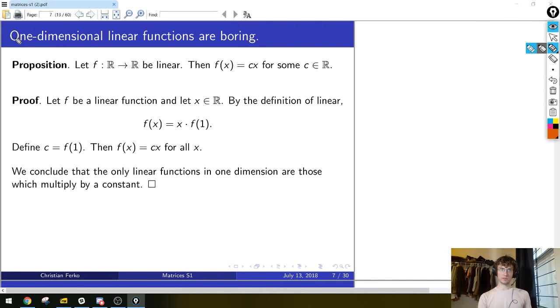So in other words, the one-dimensional linear functions are very boring. There's only really one type of linear function, which multiplies by a constant. But instead of my reading the proof, I'm going to ask one of you to read it. Whoever would like to volunteer, could you read the proposition and then read the proof?